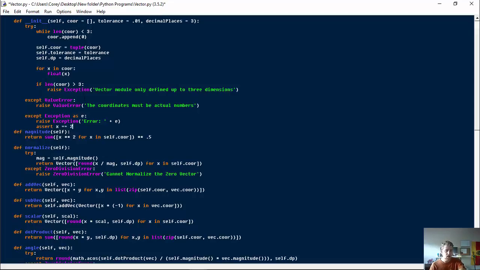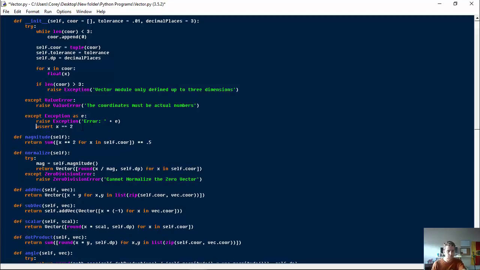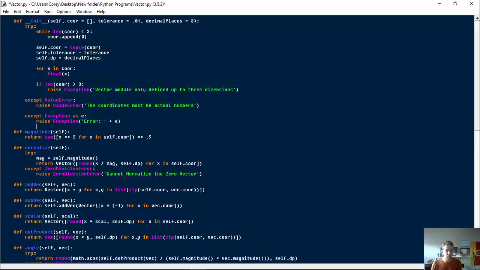I could even put it here: assert len of coordinates is equal to or less than 3. If that comes out to be false, it'll automatically raise an exception that'll break things for me. That's a handy way to use assert if you don't want to do extra if statements and such.